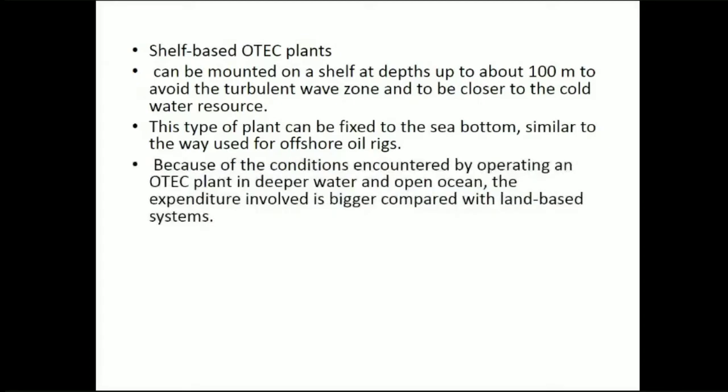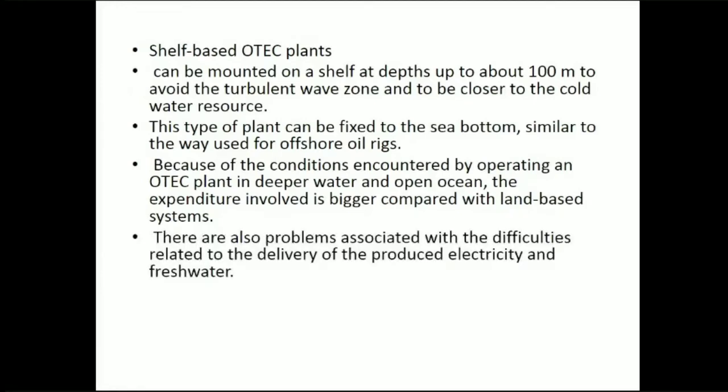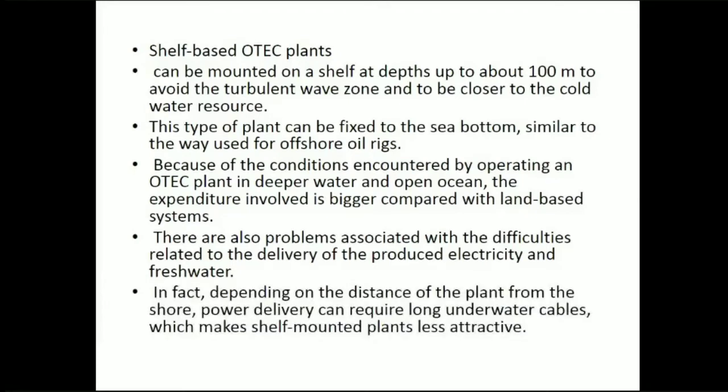Because of the conditions encountered by operating an OTEC plant in deeper water and open ocean, the expenditure involved is bigger compared with land-based systems. There are also problems associated with the difficulties related to the delivery of the produced electricity and fresh water. In fact, depending on the distance of the plant from the shore, power delivery can require long underground cables, which make shelf-mounted plants less attractive.